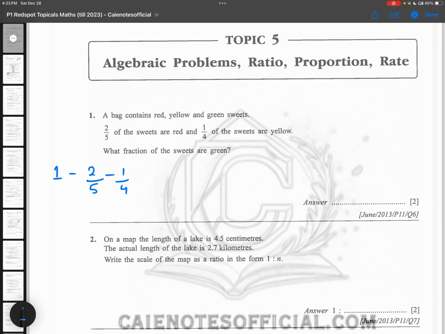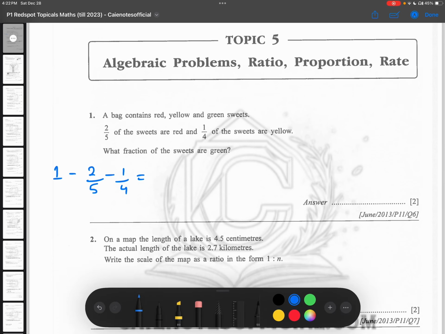So let's solve this fraction. I will make the denominators the same. We take the LCM of 5 and 4, and that is 20. So I will multiply 1 with 20, and the numerator with 20 as well. I will multiply 5 with 4 and 2 with 4, and I will multiply 4 with 5 and 1 with 5 as well.